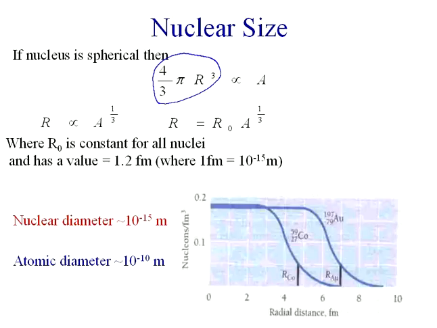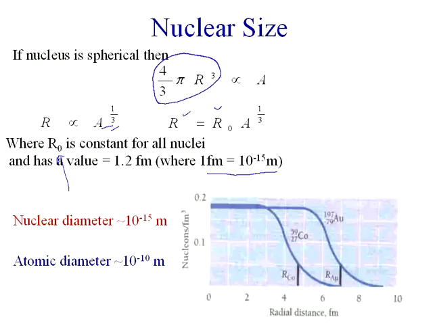By using this we observe that R is directly proportional to A raised to the power 1/3, where R equals R0 times A^(1/3). R0 is a constant, whose value we generally consider as 1.4 Fermi. 1 Fermi is equal to 10^-15 meter.